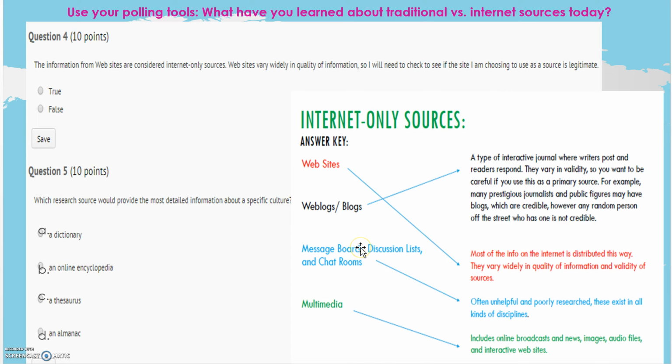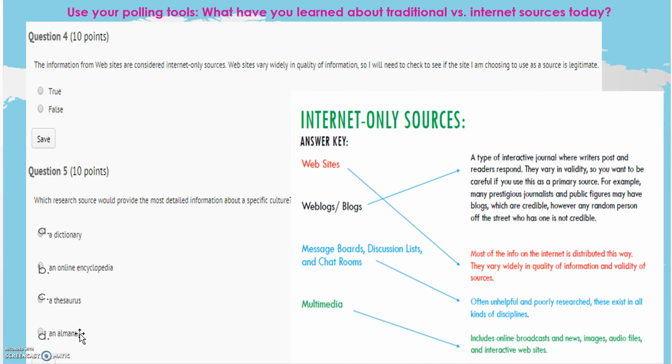Which research source would provide the most detailed information about a specific culture? Okay, so which source might you be able to find about a specific culture? Now, we haven't talked specifically about what these things are: a dictionary or an encyclopedia or a thesaurus or an almanac.